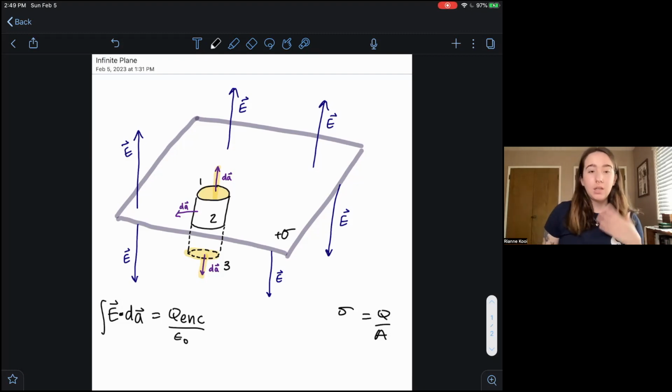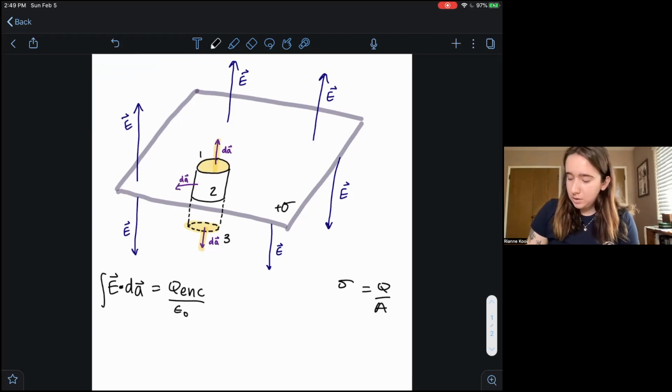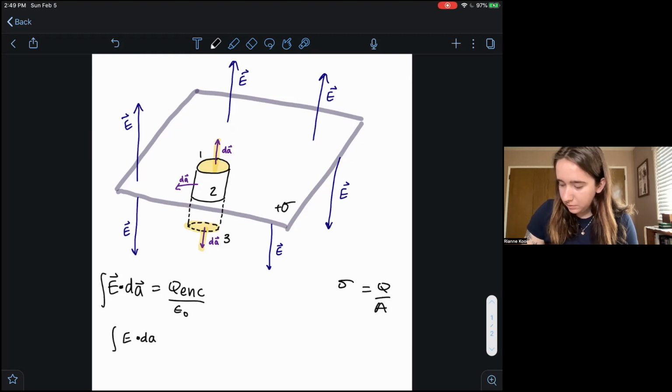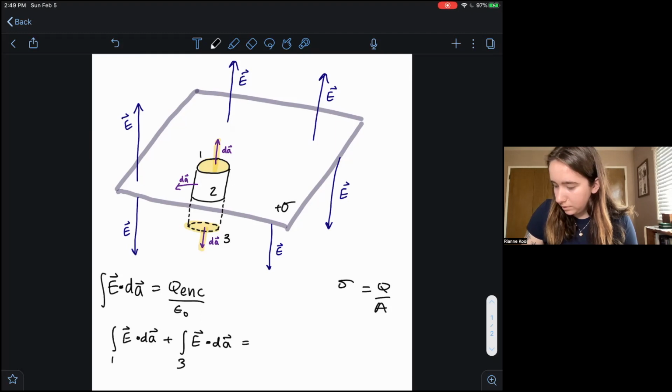So now let's just look at region 1 and 3. We're going to split this up into two separate sections now. So we have the E·dA on region 1 and E·dA on region 3. So let's do that. So we have the integral of E·dA, let's say 1 plus 3, equals Q enclosed over epsilon naught.